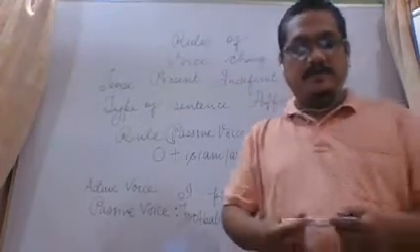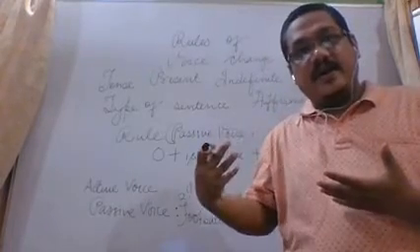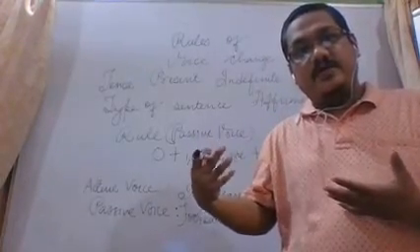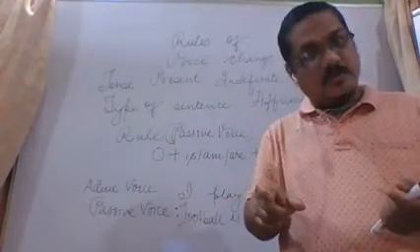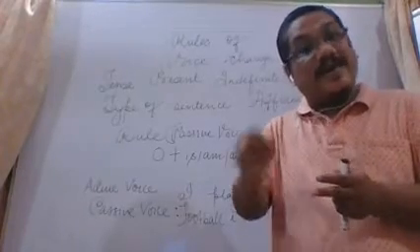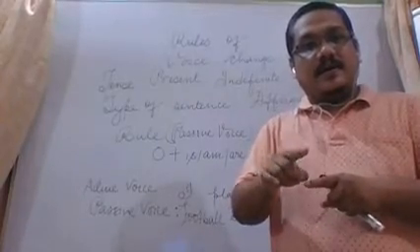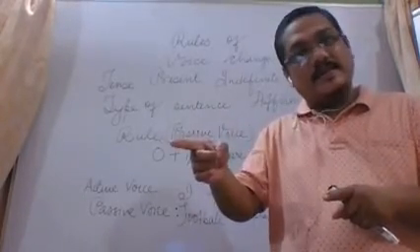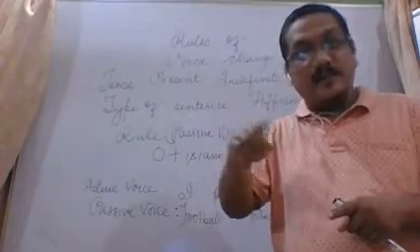Suppose if I say I gave it to him, him is the object here, and it is the objective case of he, right? Again, his pen is taken by him. His pen, possessive case.